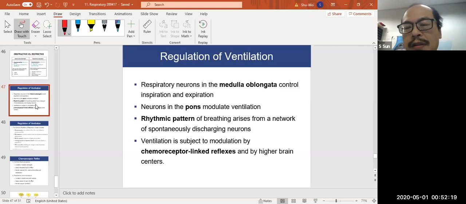This part of the nervous system is the respiratory center in our brainstem, in the medulla oblongata region as well as in the pons area. So there is a network to control our breath pattern.